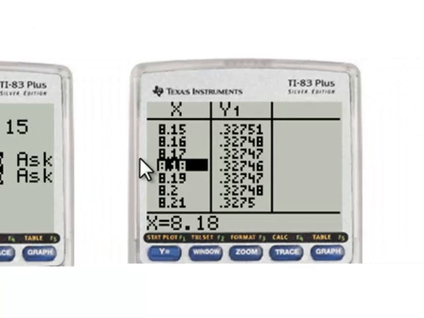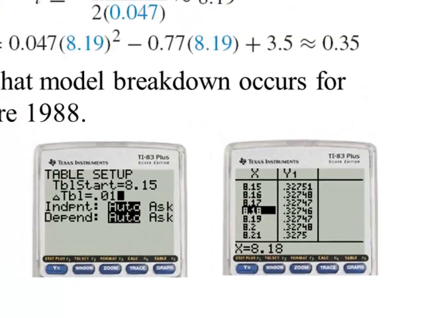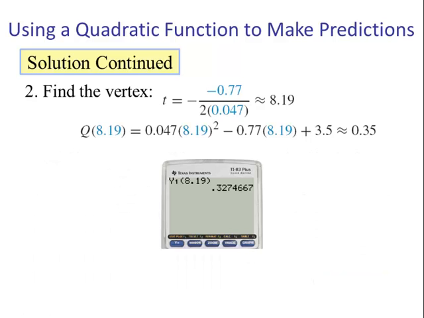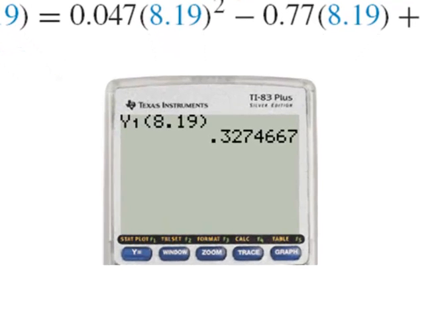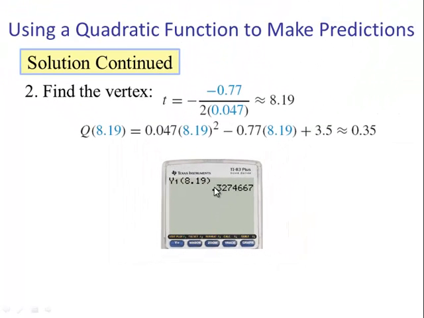And according to the calculator, the minimum is 8.18, so it's verified. If we want to use the var feature, we see that Q of 8.19 is about 0.33, which is close to what we have here.